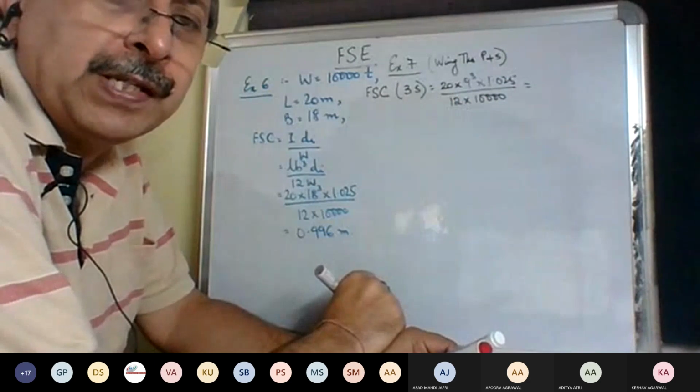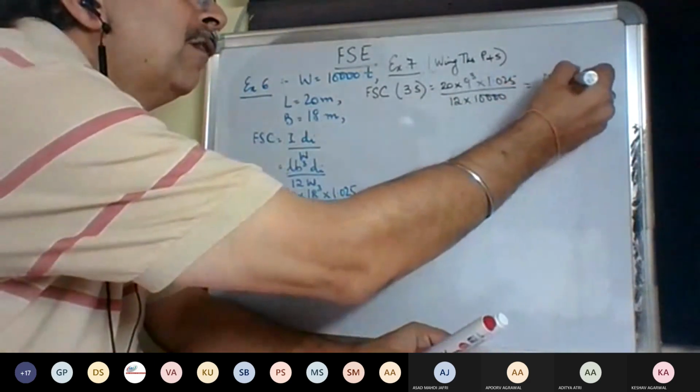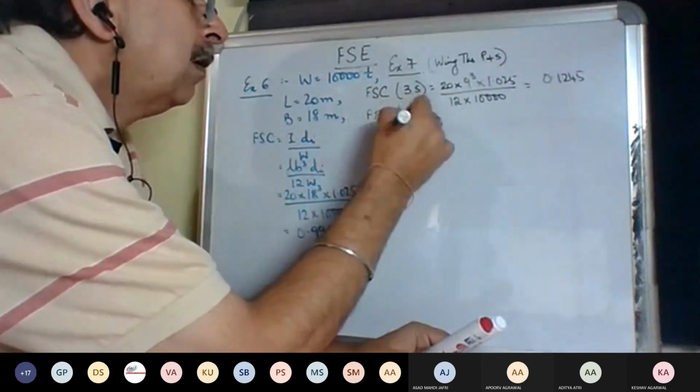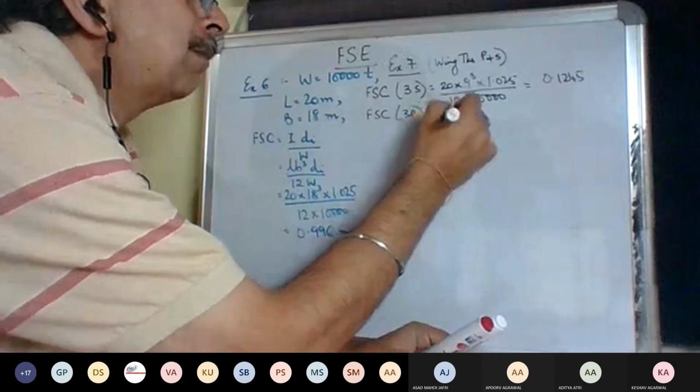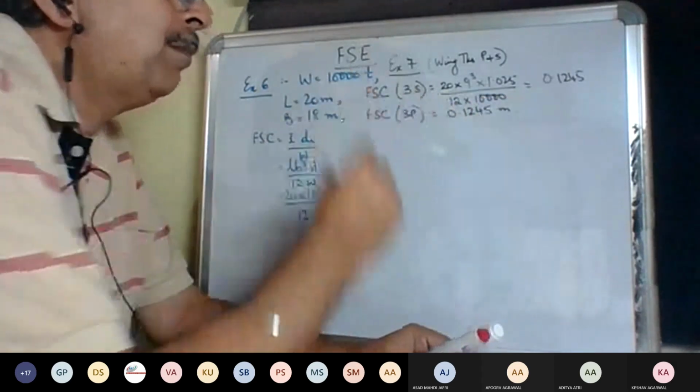So this will be the FSC for 3 starboard, 0.1245. Similarly, the FSC for 3 port will also be the same. This will be the FSC for 3 port.